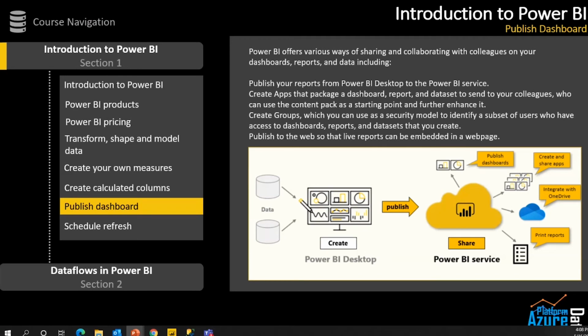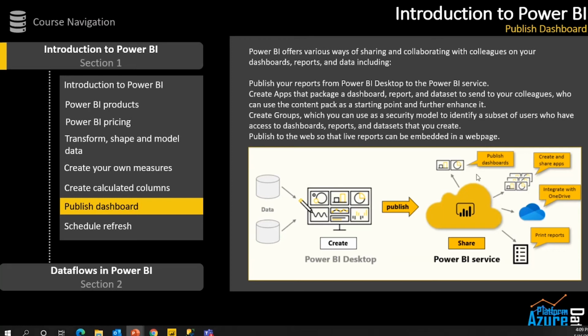If they don't have it, they will not be able to see the shared dashboard. This is very important because sometimes we wrongly assume that if I have a Pro or Premium license, I can share it with anybody, even if they don't have one. But that's a wrong assumption. They also need a Pro or Premium license, and only then will they be able to see the dashboard shared with them.